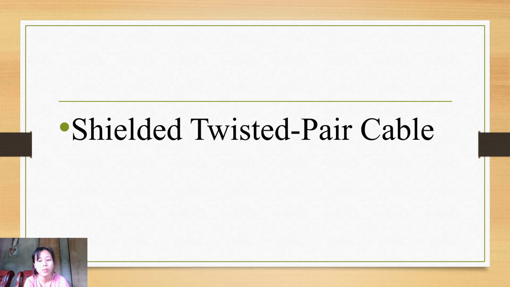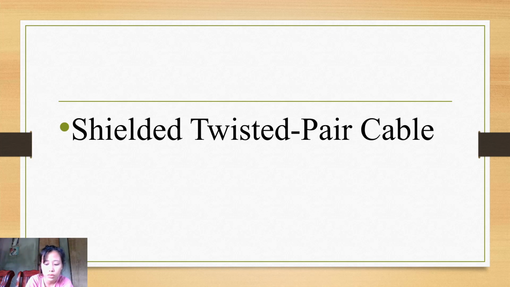Like UTP cable, STP uses an RJ45 connector. STP cable combines the techniques of shielding to counter EMI and RFI, and wire twisting to counter crosstalk. So the shielded twisted pair cable provides better noise protection than the unshielded twisted pair cable.